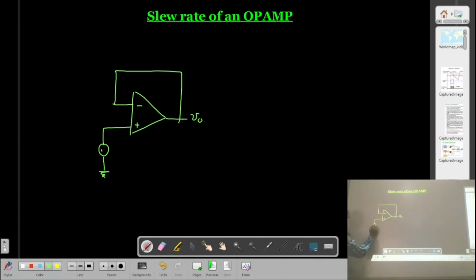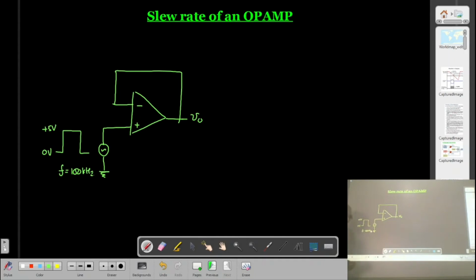Now I am applying a 5 volt square wave. Remember, this is 0 volt. Here we have 5 volt at the input, and let us say the frequency of this signal is 100 kilohertz.